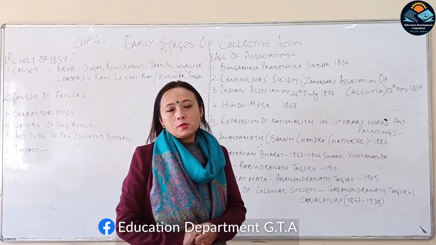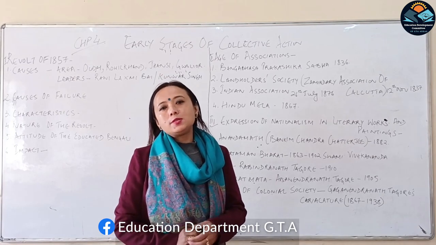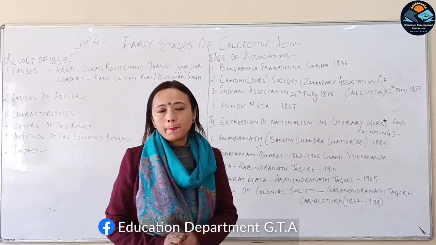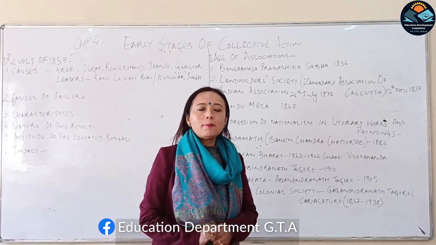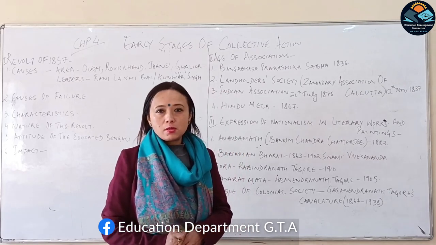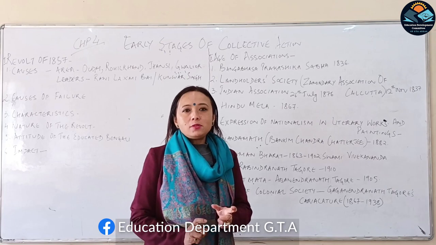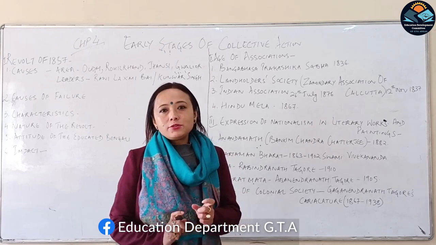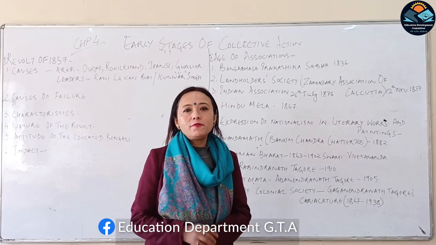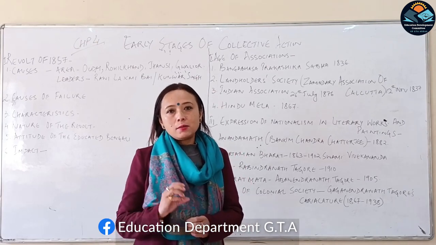Now, what was the immediate cause of the revolt of 1857? You must have heard about the Enfield rifle. It was a rifle, the cartridge of which was greased with the fat of pig and beef.